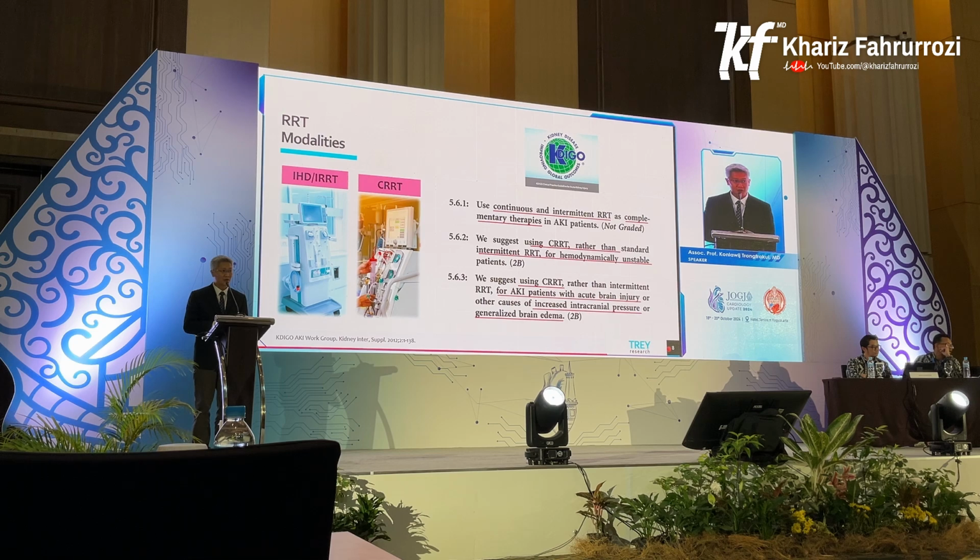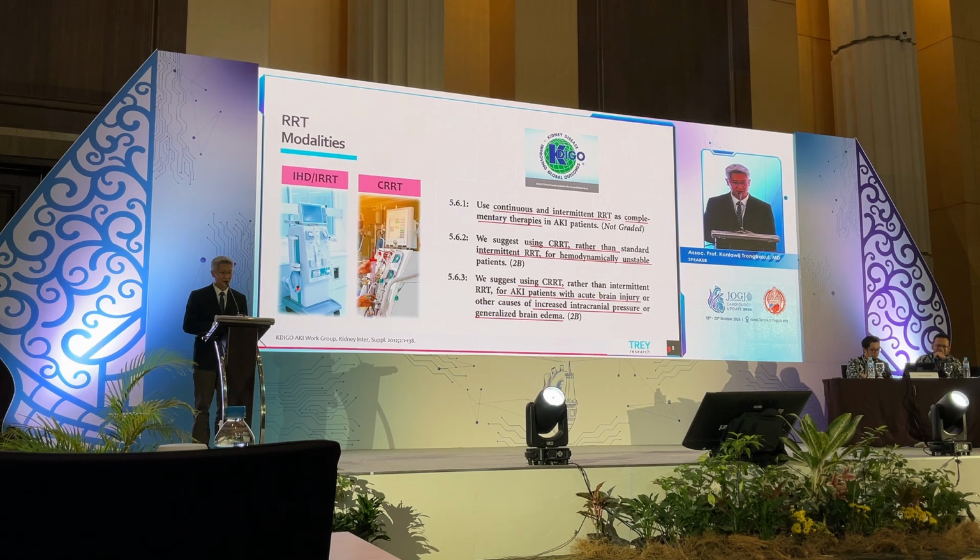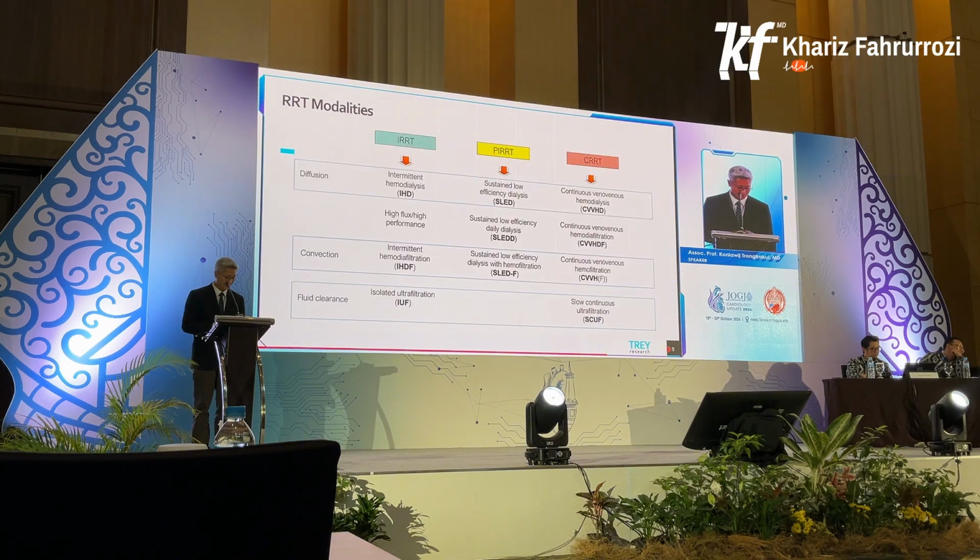Another option is for patients with brain injury or increased intracranial pressure, because osmotic shift may cause further brain damage. Therefore, in this case, we should perhaps perform CRRT instead of intermittent hemodialysis.